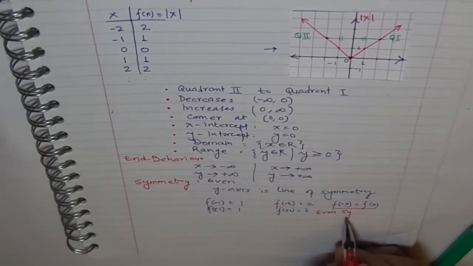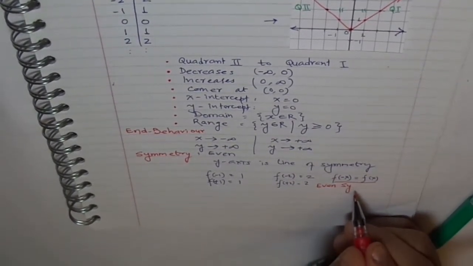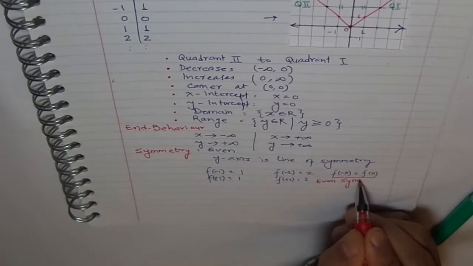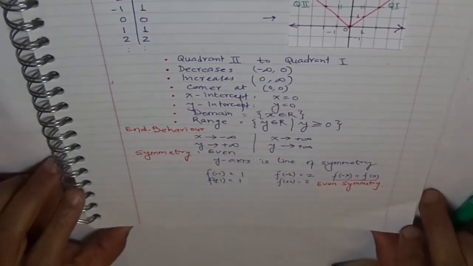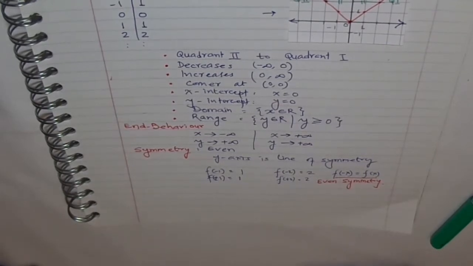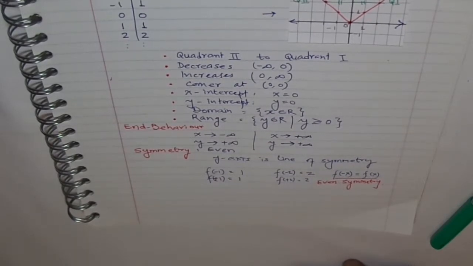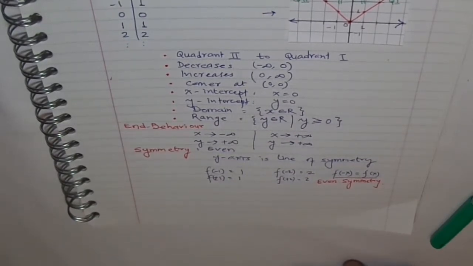Okay? Don't confuse it with even degree function, okay? It's even symmetry. So, there we are with our absolute function, and we see so many properties. It goes from quadrant 2 to 1, it decreases from -infinity to 0, increases from 0 to infinity, corner at the origin, x-intercept at the origin, x equals 0, y-intercept also at the origin, y equals 0.